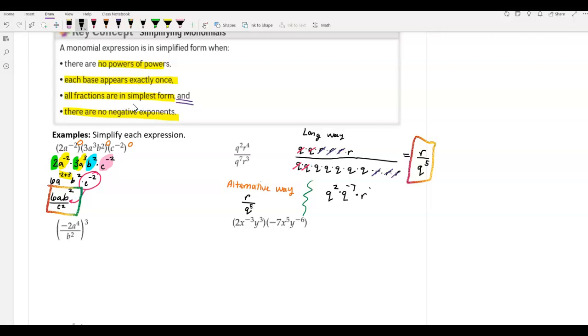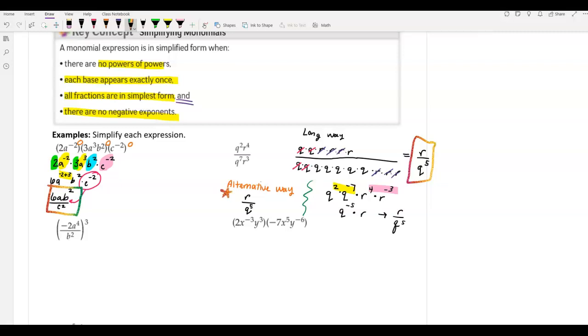We already have an r to the 4th, but we're going to move the r cubed up and make it a negative. So now 2 minus 7 is negative 5. So I have q to the negative 5. And then we have 4 minus 3, which is 1, so 1 r. And then once again, we don't want any negative exponents, so we just rewrite this as r over q to the 5th. Now, once again, Mrs. Younger's favorite way is right over here.